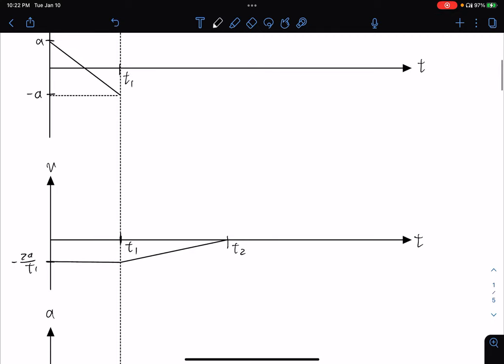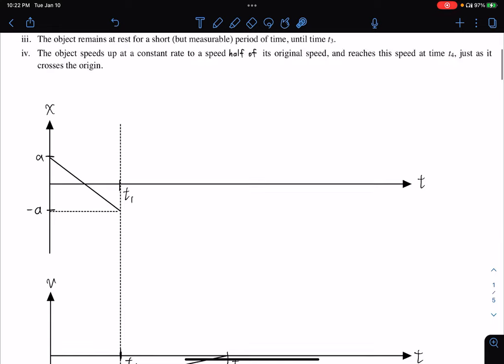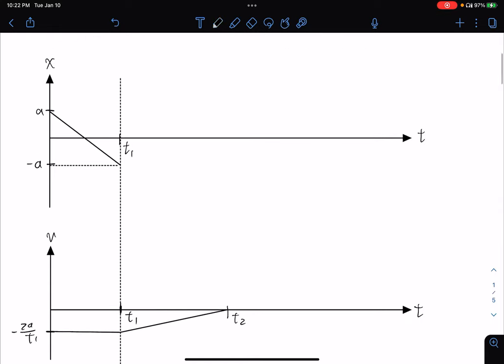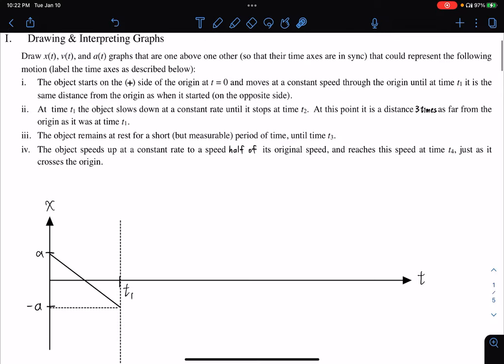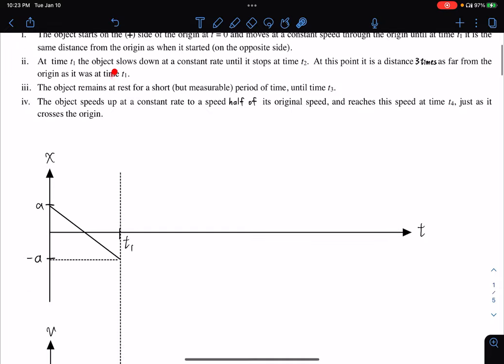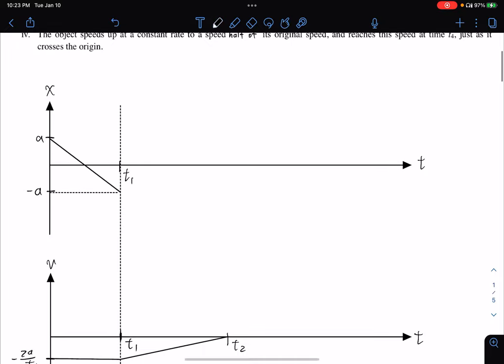When the velocity is changing, the xt graph will not be a straight line, but a curve. The object should stop at a distance 3 times as far from the origin as it was at time t1. So it's going to stop at 1, 2, and 3a. So it's going to stop at x equals minus 3a.